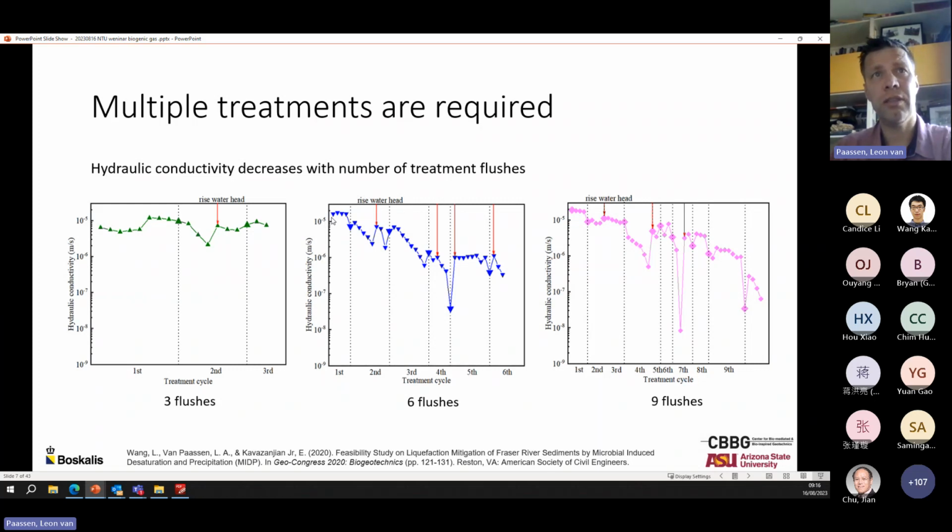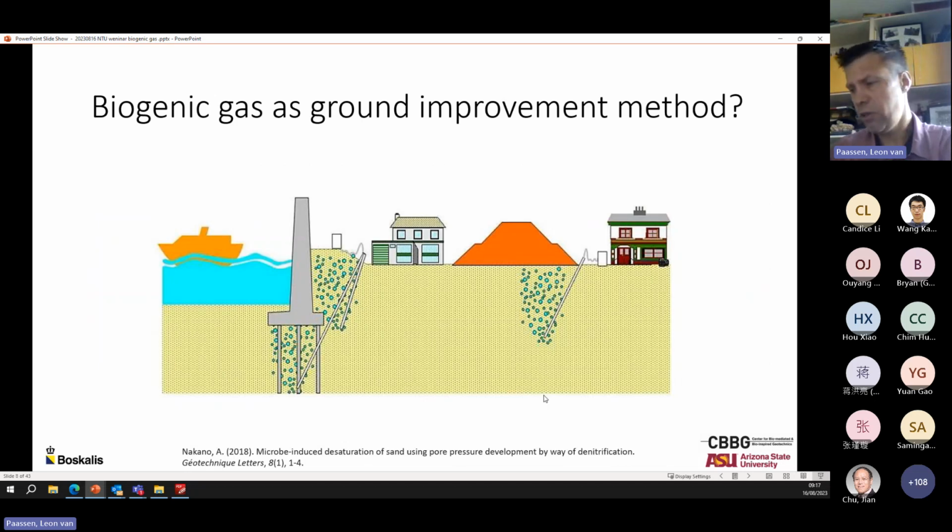But you can see here that in some cases after 4 flushes, the hydraulic conductivity reduced by a factor 1000, almost 3 orders of magnitude. And then we really had to push hard to remove the clog and then continue flushing again every time you see this red line. So clogging and accumulation of these products are really affecting the result of multiple flushes.